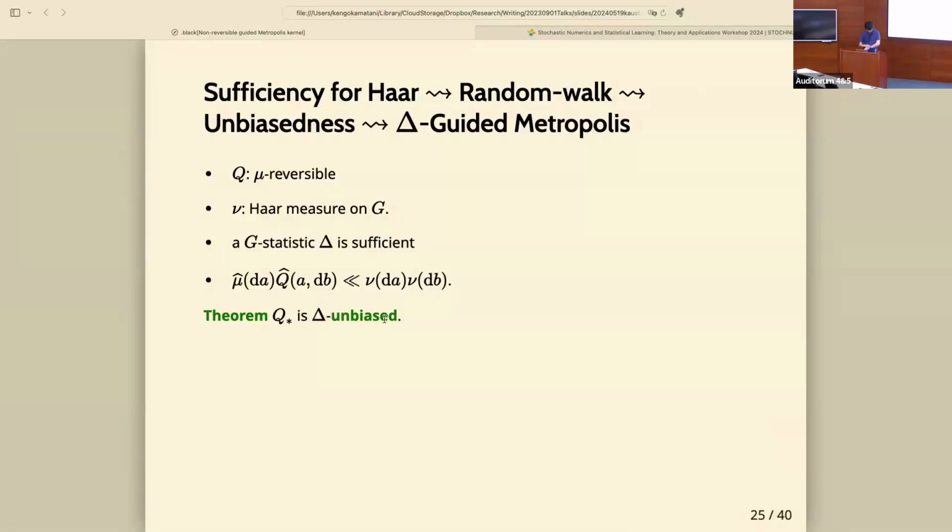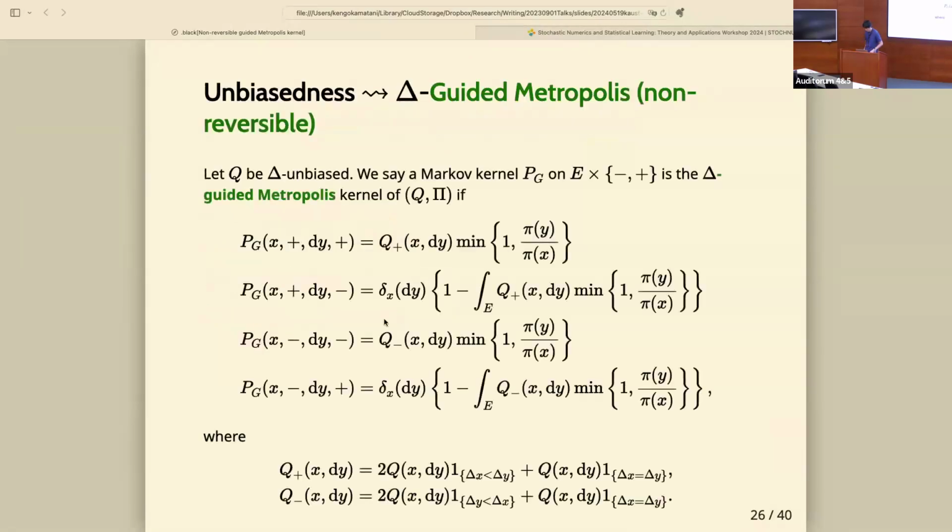So we are almost done. If we have an unbiased kernel, what is next? The initial plan is completed. We obtain an unbiased kernel. So how do we construct a non-reversible method? This goes as follows. It's similar to Metropolis Hastings, but slightly different.